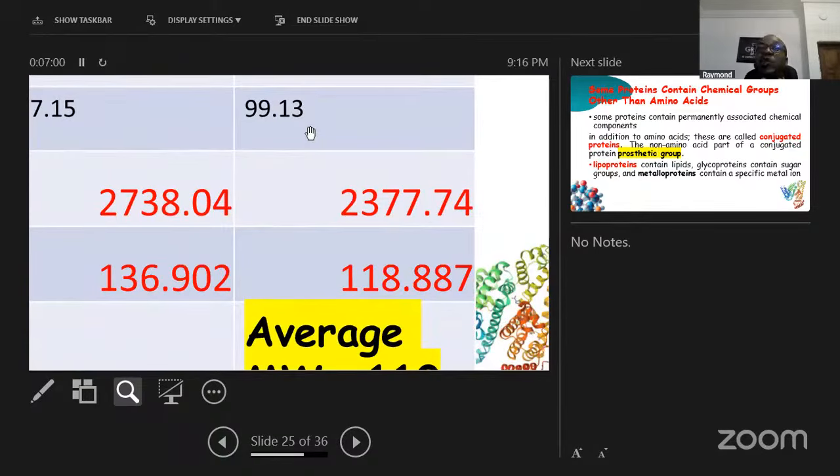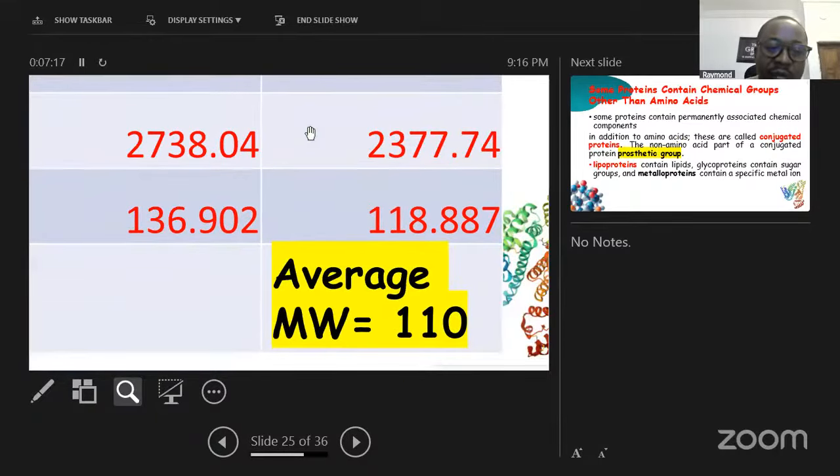If we divide it by 20, which is the number of amino acids that are found in the protein, we'll have 118.88. So now the average molecular weight is 110.